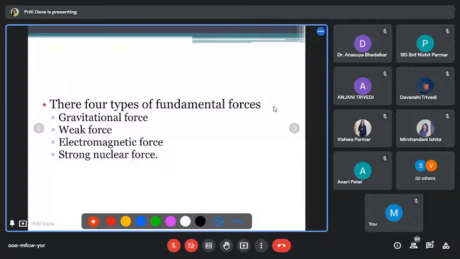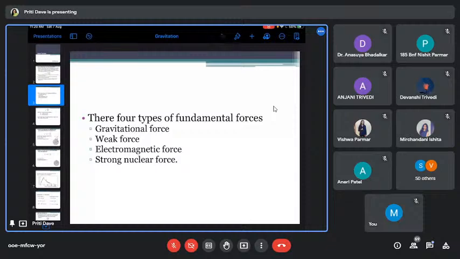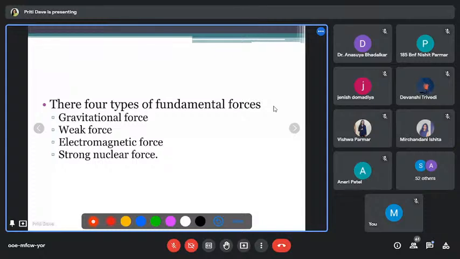So you have the gravitational force, then the weak force, then the electromagnetic force, and the strongest force is the nuclear force. Among these 4, this is the weakest among all forces, and this is the strongest.